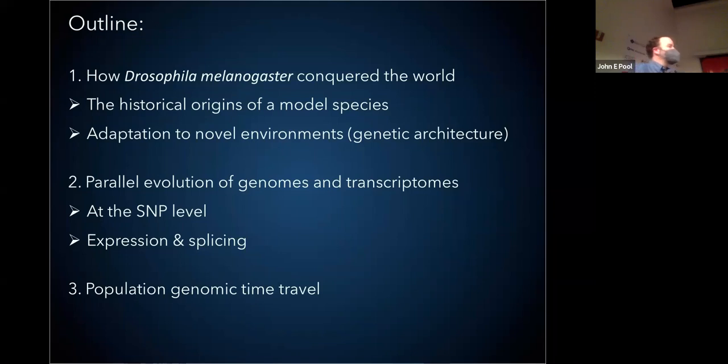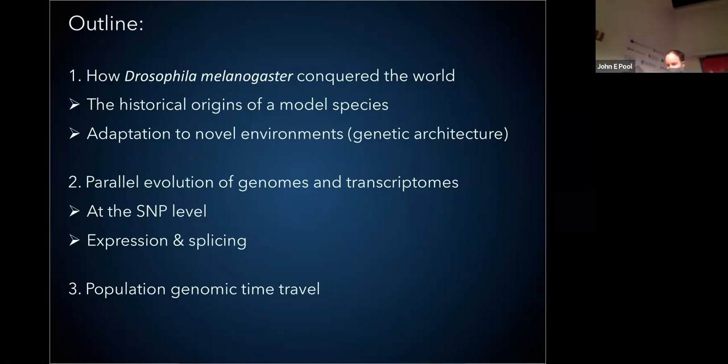In the second part of the talk, I'll continue that local adaptation theme. And I'll tell you about three separate instances of the adaptation of Drosophila melanogaster to colder environments around the world. And what we've learned about this parallel evolution, both at the level of genetic variation and also at the level of transcriptomic variation.